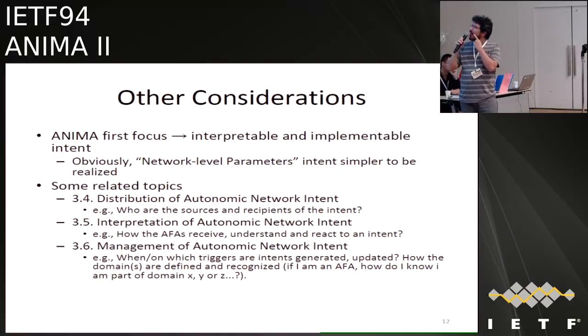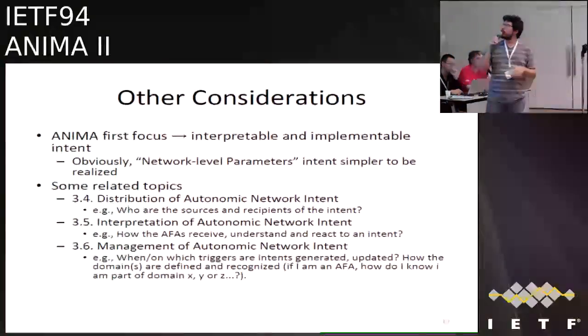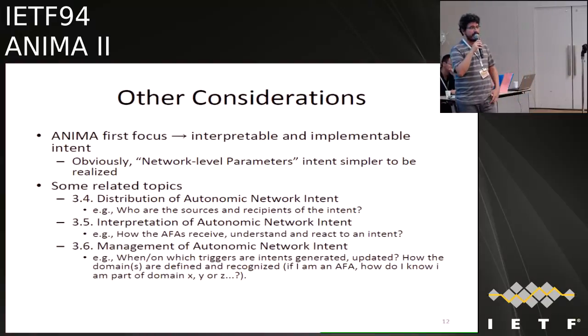So, for example, you have triggers and intents generated, how you can come to a conclusion, for example, for updates, and this kind of operation, the life cycle of the intents. Slide.